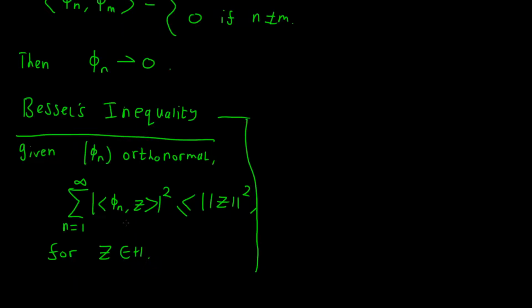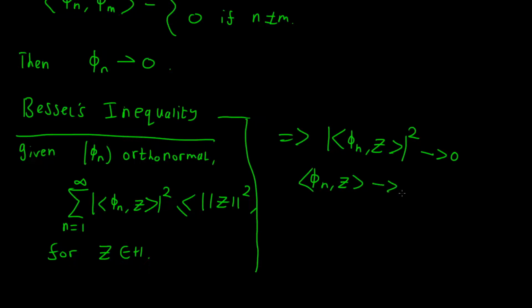We know that the sum is bounded above. The sum itself is made up of terms that are non-negative. That means that by the monotone convergence theorem, this thing must converge. So that means all the terms in here have to go to 0. And that just means, after all of that, you determine that the inner product of phi_n and z, the norm of that squared, tends to 0, and then square rooting and undoing the norm, we determine that the inner product of phi_n with z goes to 0.